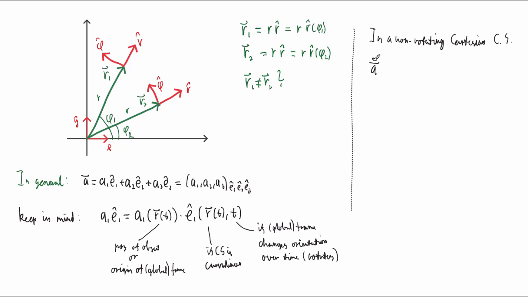and if we take the vector A and we take its time derivative, that amounts to taking the time derivative of all the components, like that, for instance, since x hat, y hat, and z hat are fixed.